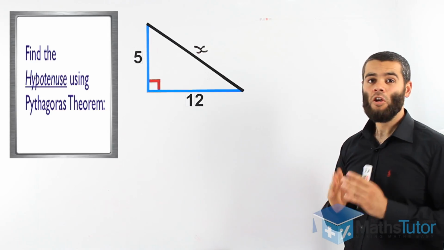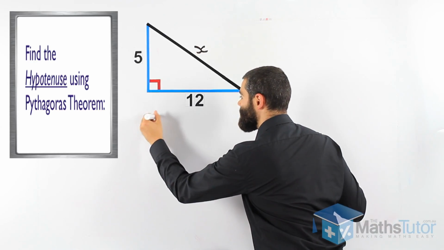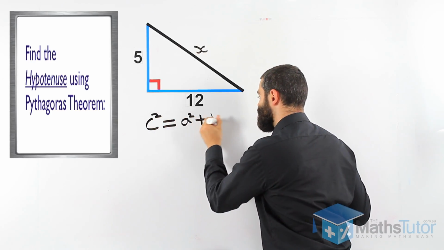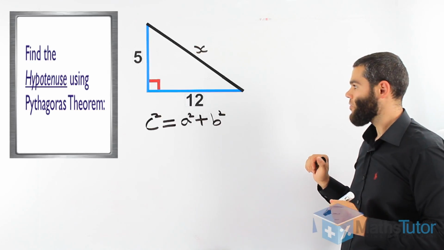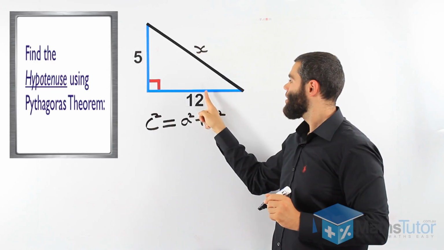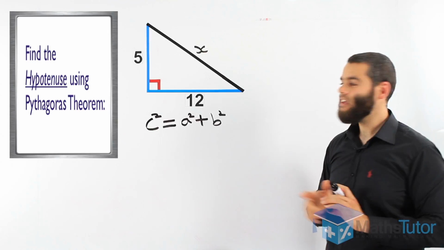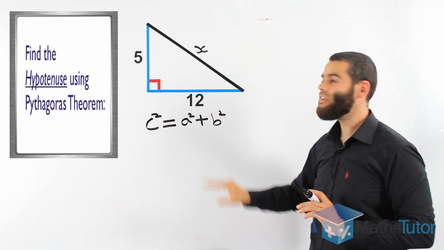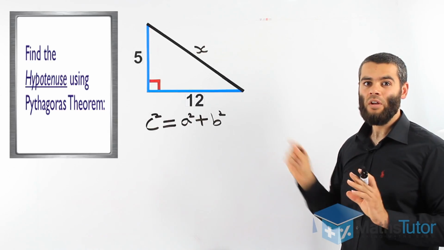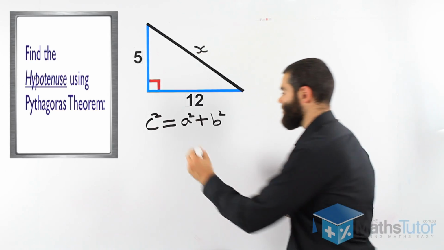Well, first we write the formula down. The formula states that c squared equals a squared plus b squared. Well, c is our hypotenuse and a and b can be a here, b here, or a here, b here. It doesn't really matter as long as we know a and b are the two short sides and c is always the hypotenuse. Now let's substitute the information to see if we can find x.